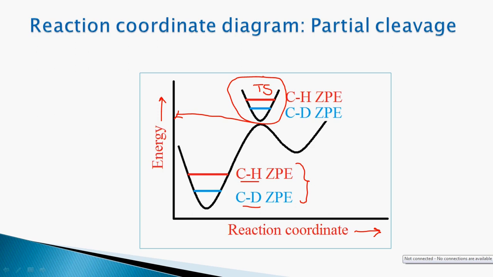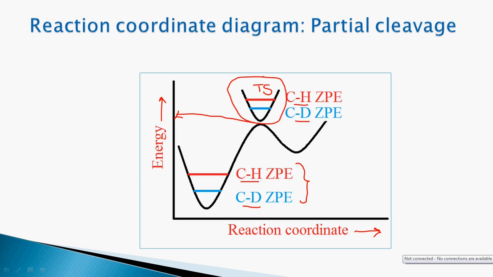And you can see the transition state has also got CH and CD vibrational modes corresponding to CH or CD vibrational modes in the reactant. Since bonds are only partially broken at the arrival of transition state, we can understand that transition state will also have stretching or vibrational modes of CH bonds or CD bonds.